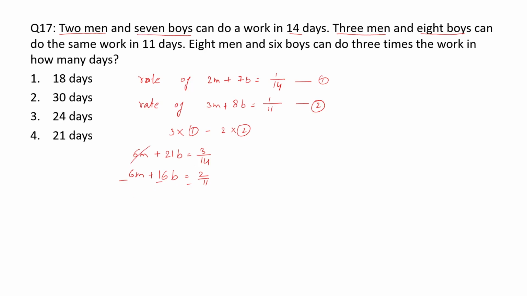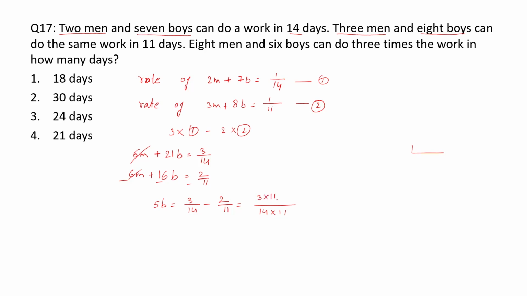What will you have? 6m minus 6m is 0. 21 minus 16 is 5b. And then 3 upon 14 minus 2 upon 11. You have to take the LCM, which is 14 into 11.